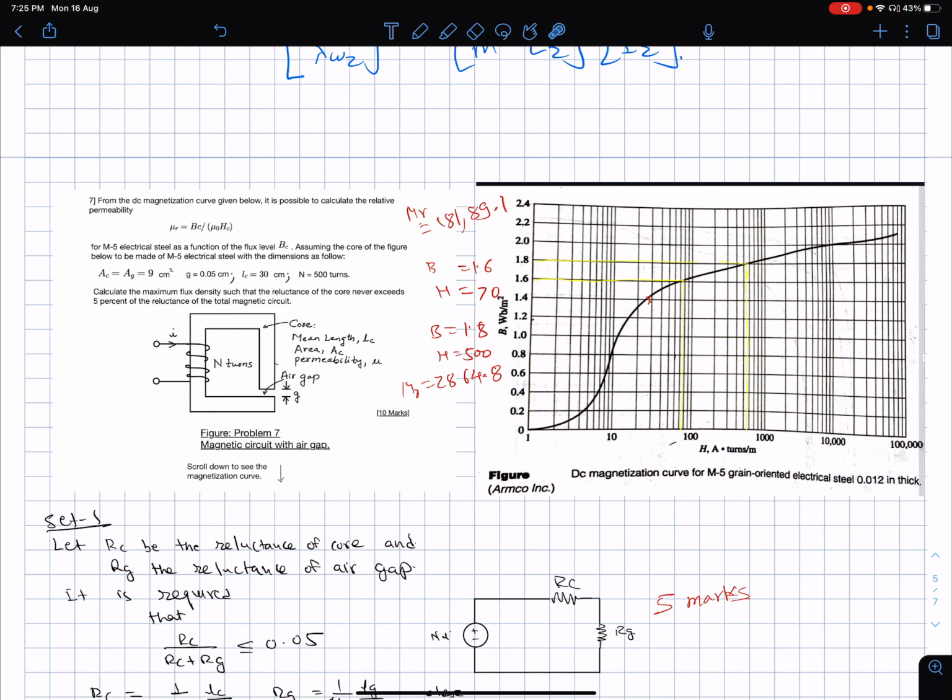In the previous example, what I had given was a plain sheet. The advantage of a semi-log sheet is that you can bring out the saturation much more easily. So the H here can go all the way up to 10 to the power 5, 500,000, and the scale for B can be linear, because even when you apply such a high value of H, the B is really not going beyond 2.